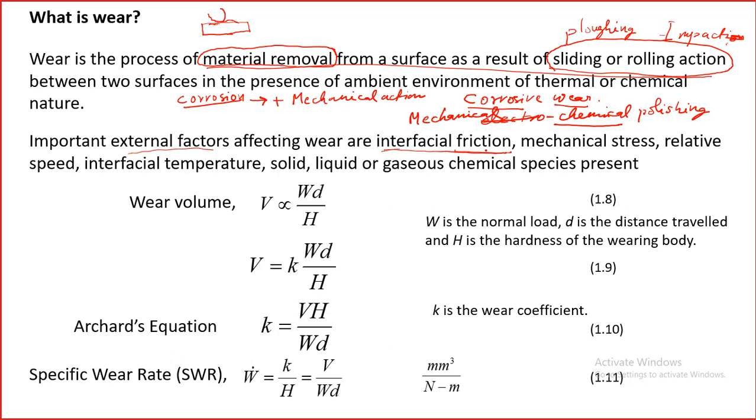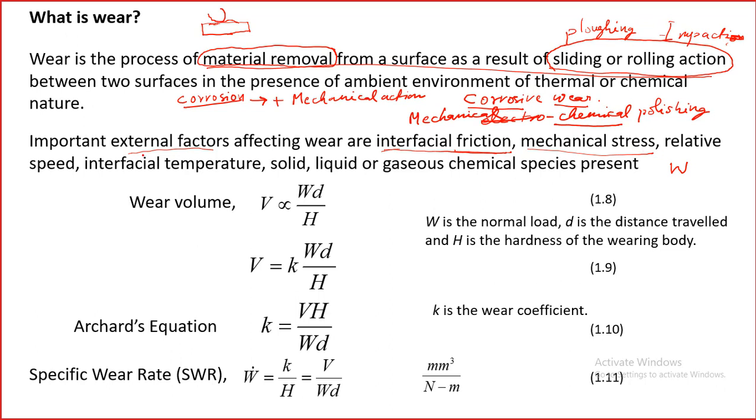So interfacial friction will be very important. Mechanical stress means load. As you increase the load, wear will increase, but there is no very fixed relation. There may be a sudden change in the wear rate as you increase the load.